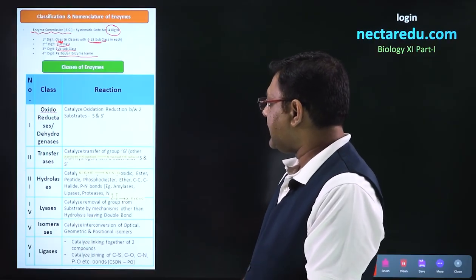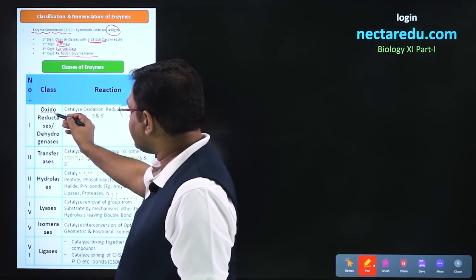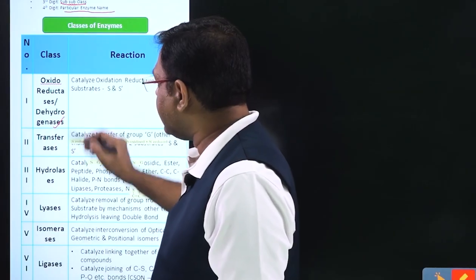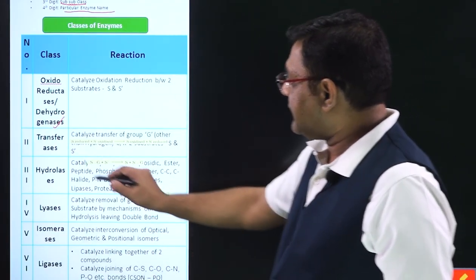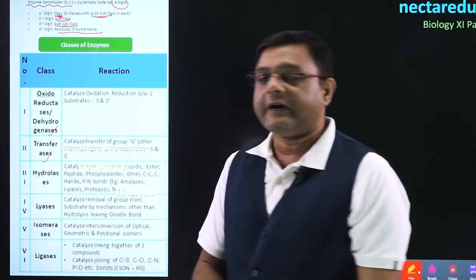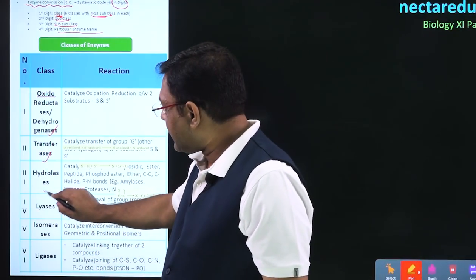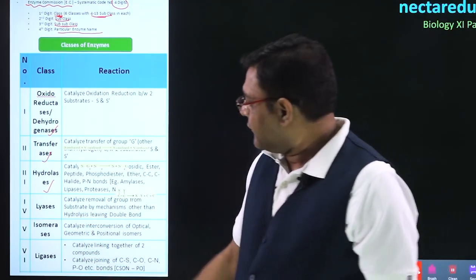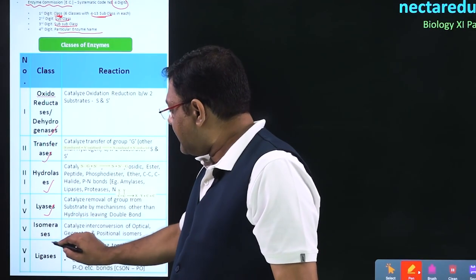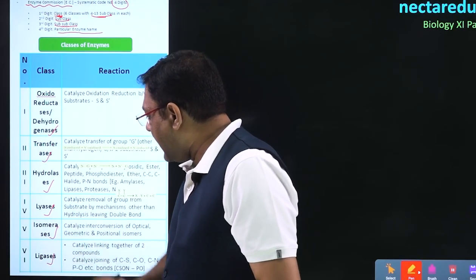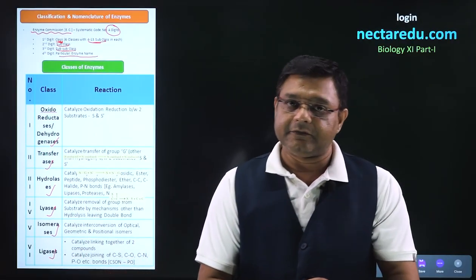The first class are the oxidoreductases or the dehydrogenases. The second class are transferases. The third class are hydrolases. Fourth are lyases. Fifth are isomerases. And the sixth are ligases.